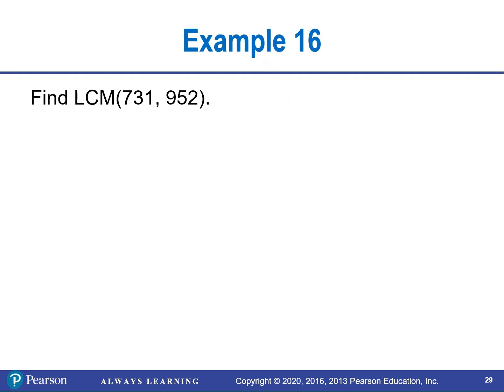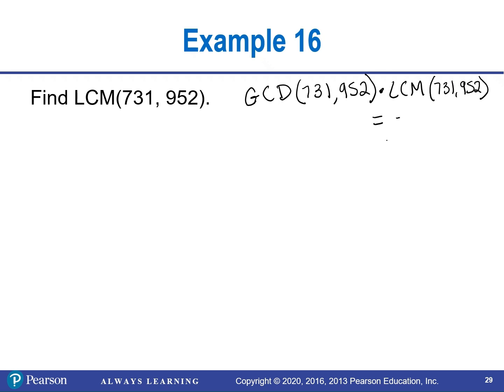So I can use this fact to find the least common multiple of 731 and 952. So I know that fact, remember, is GCD of 731, 952 times LCM of 731, 952 is going to equal 731 times 952.